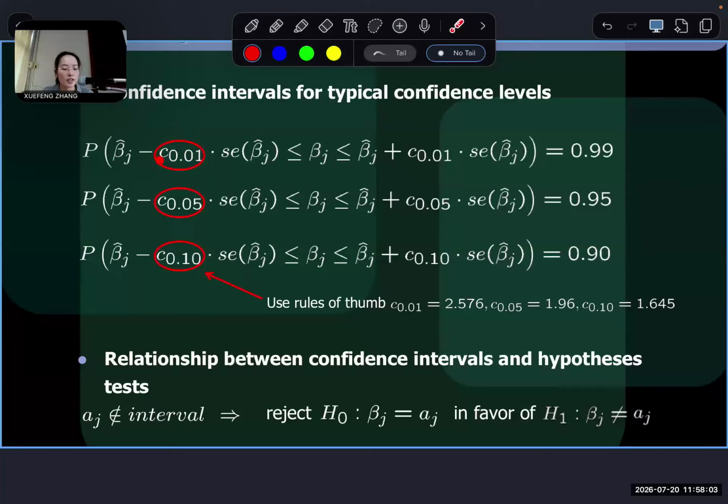This is the critical value at 1%. Okay, I showed you here, 5% and 10%. Just like the p-value and also the t-ratio. So right now here we have the confidence interval, but basically they follow the same logic, all right? The same logic.